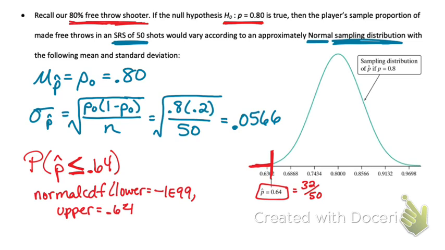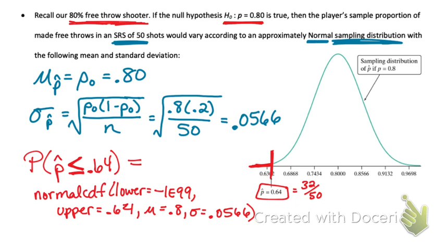What is the mean of the distribution he claims to be on? 0.8. What is the standard deviation of the distribution he claims to be on? 0.0566. Okay, cool. Now, when you find this answer, this is the probability that he, who claims to be an 80% free throw shooter, gets a sample as extreme or more extreme than the 64%.